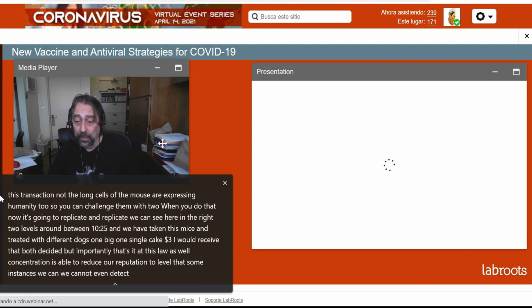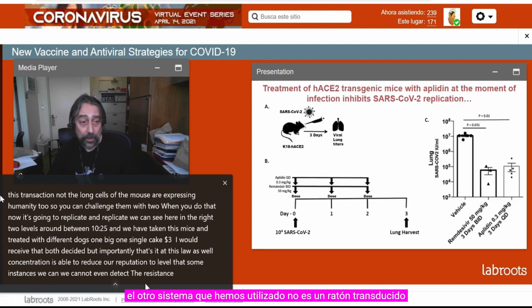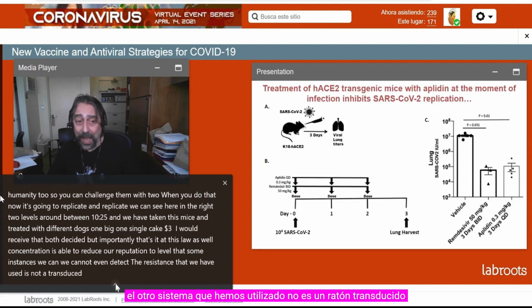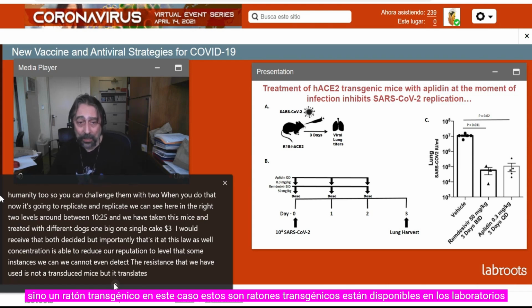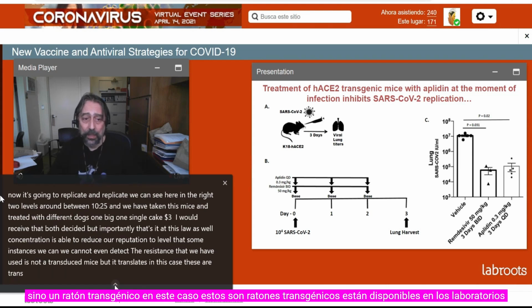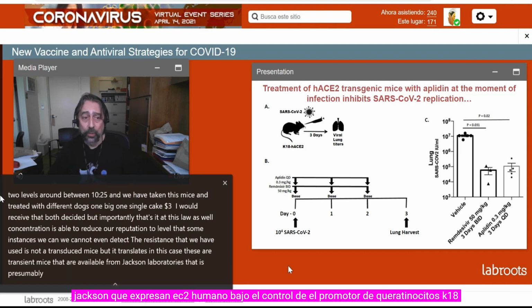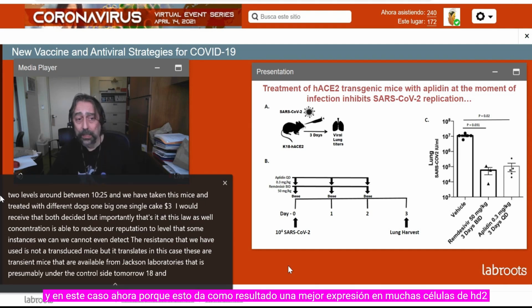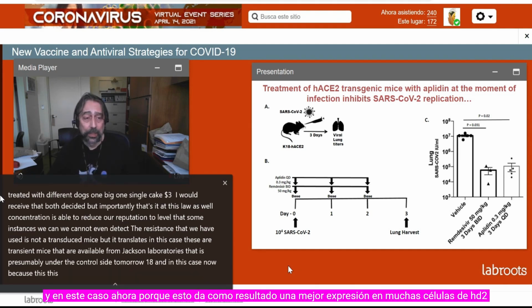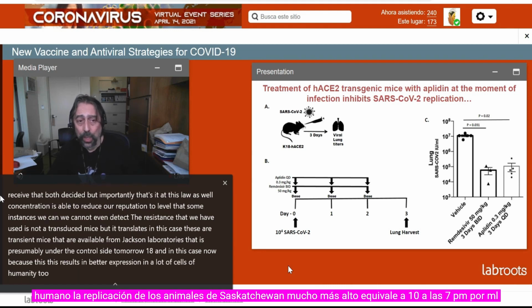The other system that we have used is not transduced mice, but transgenic mice. These are transgenic mice available from Jackson Laboratories that express human ACE2 under the control of a keratinocyte promoter, K18. Because this results in better expression of human ACE2 in a lot of cells, the replication of SARS-CoV-2 in these animals is much, much higher.